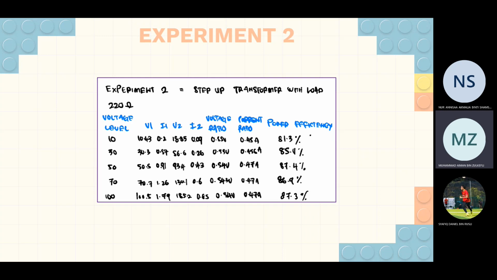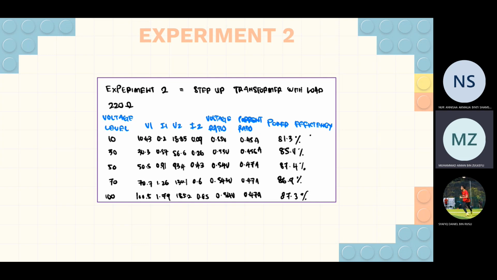For the next experiment, experiment 2, we use the same step-up transformer, but this time with 3 different loads. For the first load, we use 220 ohms. In this experiment, we have to measure extra quantities: current 1 and current 2, and then the current ratio and the power efficiency.